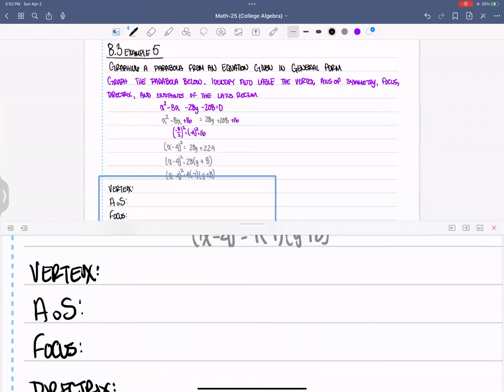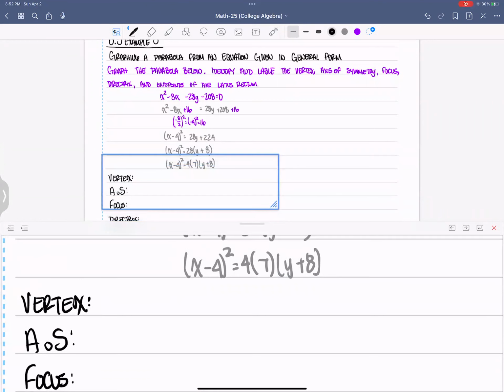All right, starting off with the vertex, we can get the vertex just by staring at it. So our shift in our y component is going to be negative 8, and our shift in our x component is going to be 4. I think I said x, I meant y.